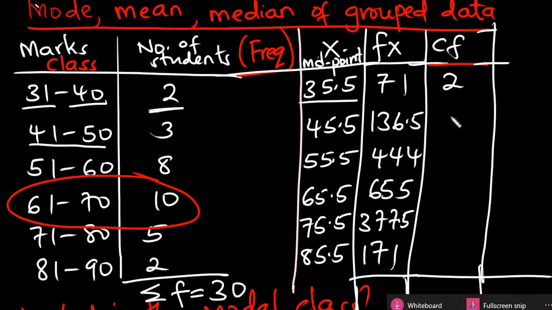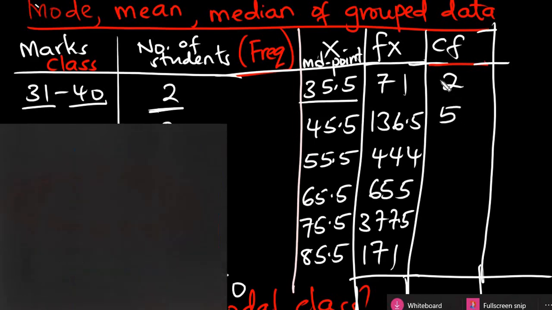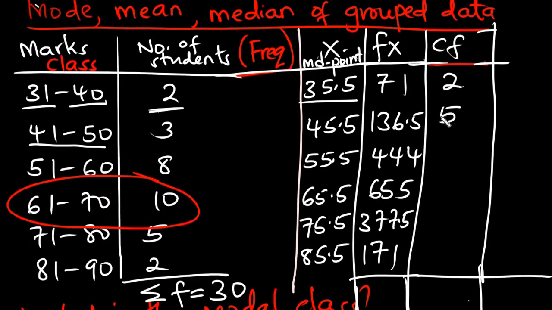So what we do, we go adding. For example, instead of writing 3, we're going to write 5. 2 plus 3, we get 5, and then 5 plus 8, we get 13, 13 plus 10, we get 23, 23 plus 5, we get 28, 28 plus 2, we get 30.